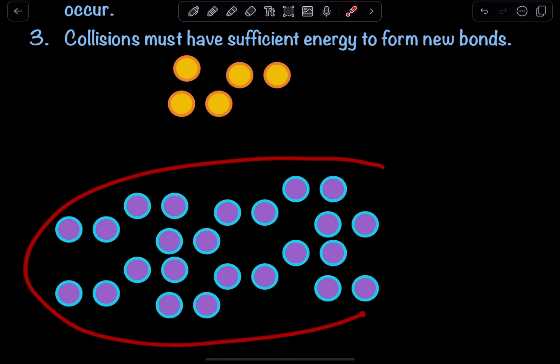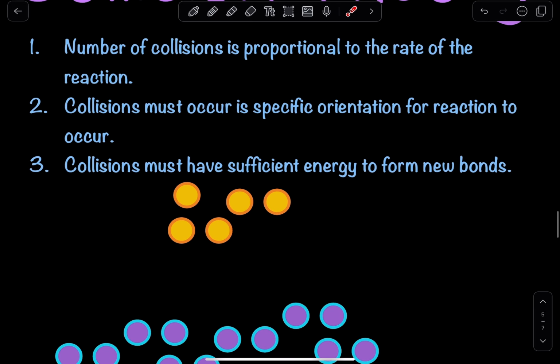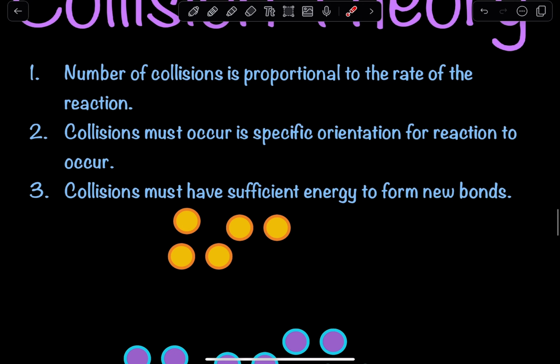And if molecules are greatly colliding with one another, the rate of the reaction will be higher. So postulate number 1 simply states that collisions are proportional to the rate of the reaction. So if your number of collisions is high, your rate will also be high. But if your number of collisions is low, your overall rate of the reaction will be low.